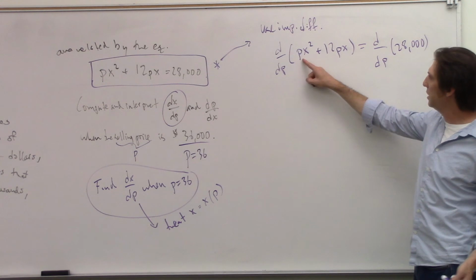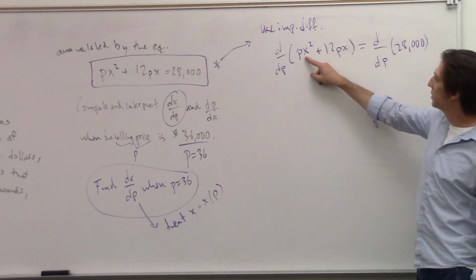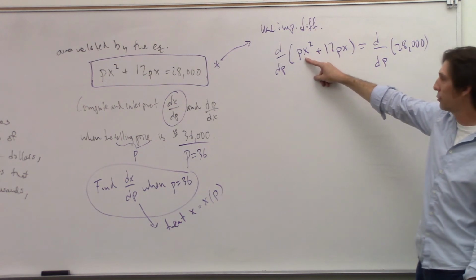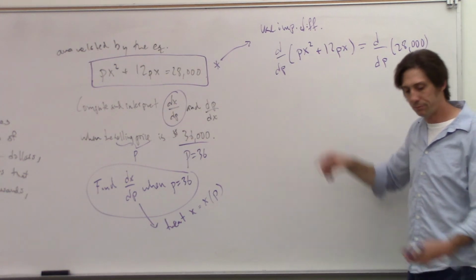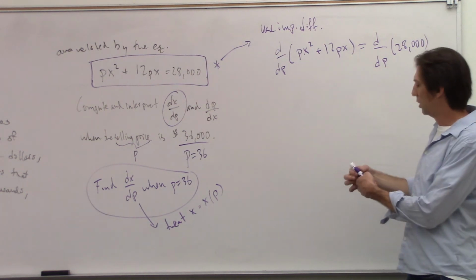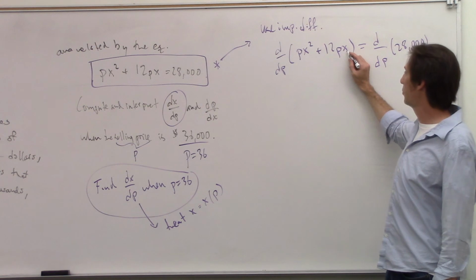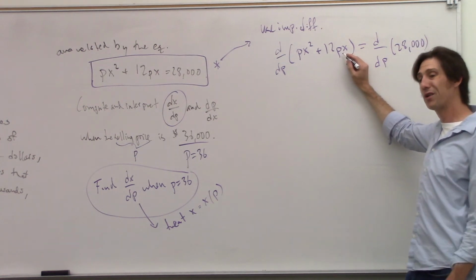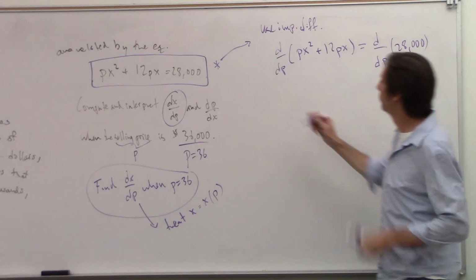When I come to the P terms, I just differentiate them like I normally would. When I differentiate an x term, I do it like I normally would, but then I have to multiply by dx/dp. So, in both of these terms here, p times x squared and 12p times x, I have to do the product rule for both of those. All right, here's what it looks like.